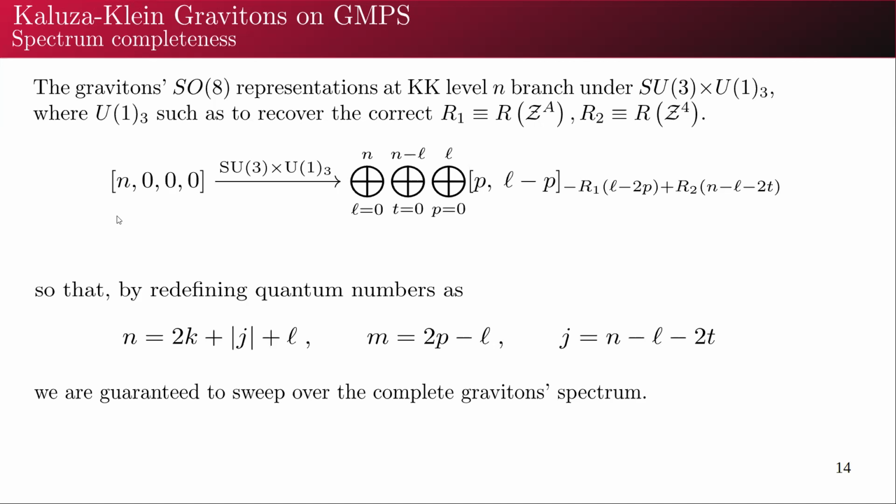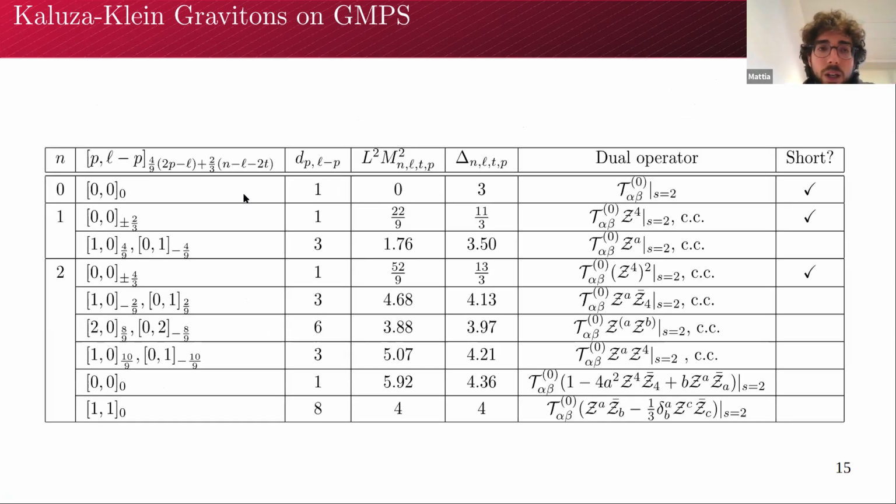And that branches under SU(3) times U(1) into 3 plus 3 bar plus 2 other singlets. But we know that that split precisely corresponds to the split of chiral superfields that we made on the ABJM side, right? So we know how to properly assign the R charges. And we know, for example, that a singlet under SU(3) should correspond somehow to a Z4 as a dual operator on the field theory side.